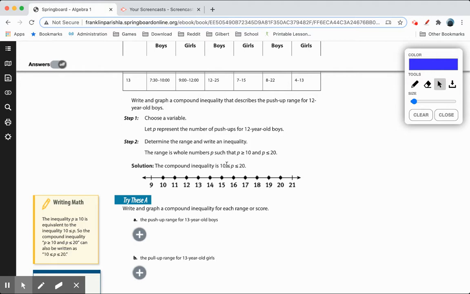P is greater than or equal to 10, which is the same thing as saying 10 is less than or equal to P, and P is less than or equal to 20, which was our normal one. So we can kind of flip this one around so that it's joined in the middle, joined at the hip, so to speak.